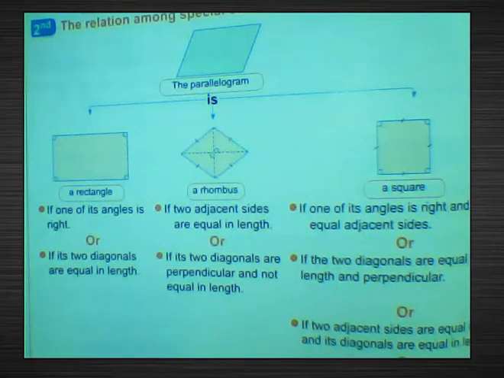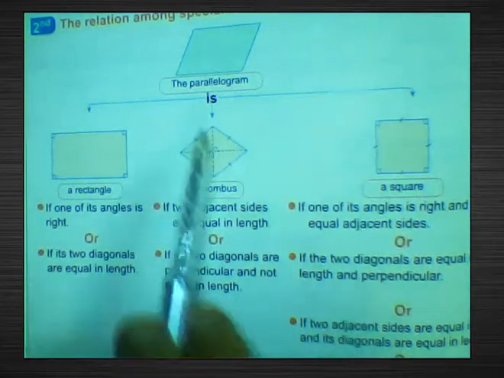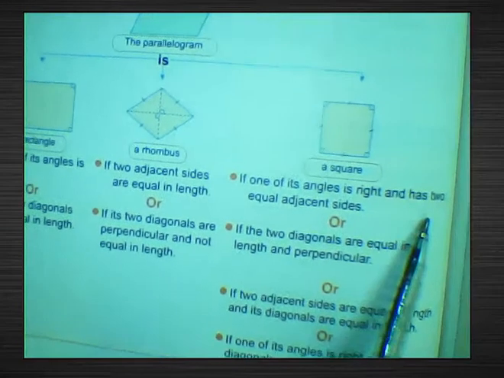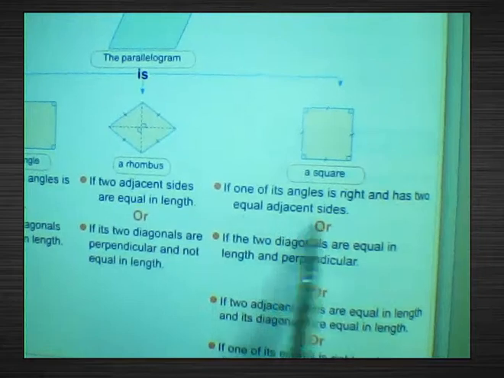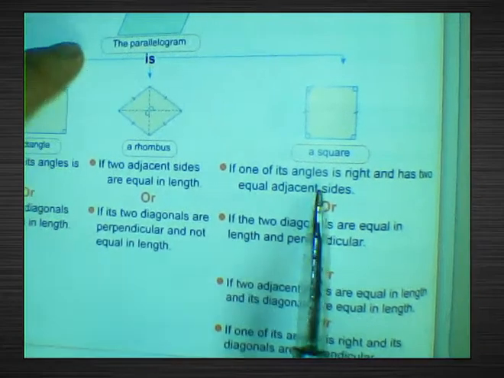The parallelogram is a rhombus if two adjacent sides are equal in length, or if its two diagonals are perpendicular and not equal in length. And what about the square?